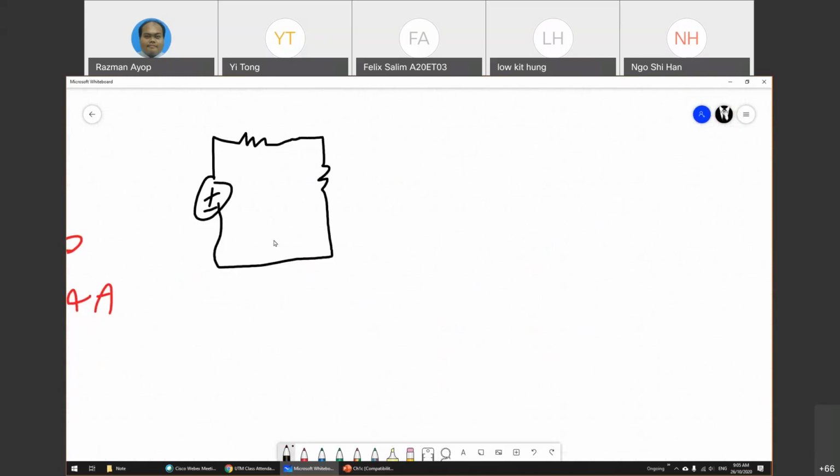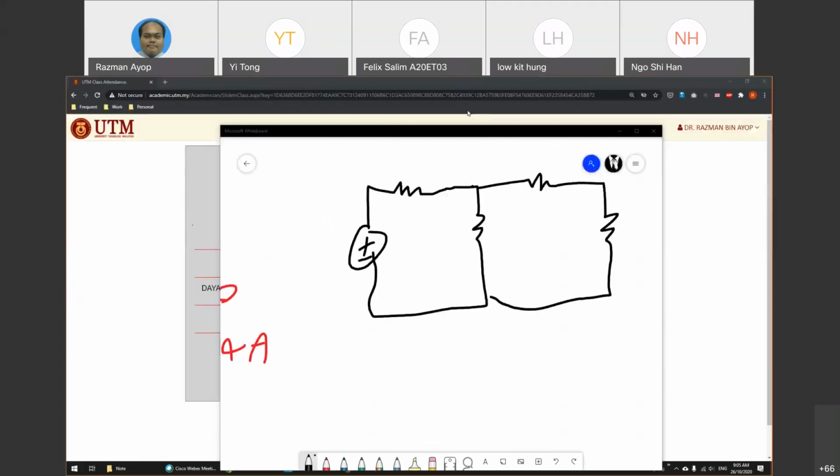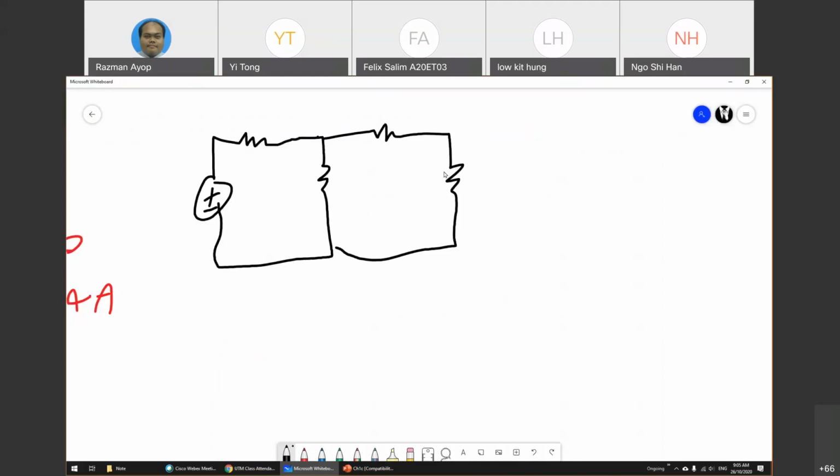Kirchhoff's Voltage Law is also almost the same. Okay, I give you a simple example first. For Kirchhoff's Voltage Law, KVL, we use it at a mesh or loop.